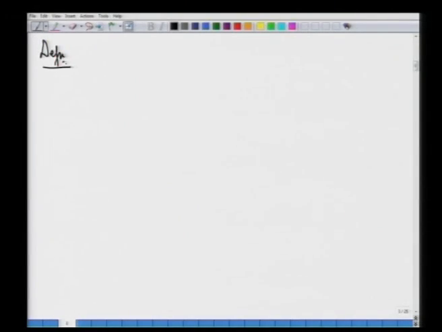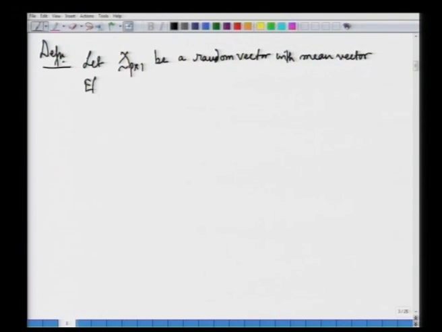With the Cramer Wald theorem in the background, we will now formally define the multivariate normal distribution. So, this is the definition. Let x be a random vector with mean vector denoted by mu.